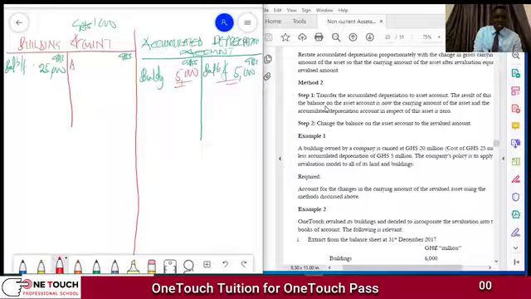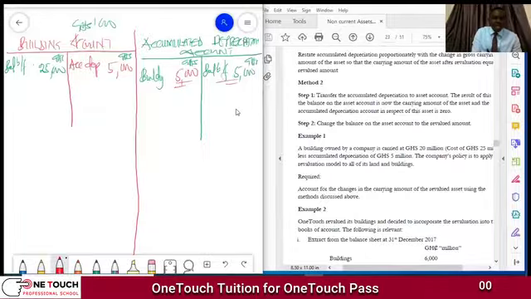The name of accumulated depreciation, 5,000. Okay, good. So we say we transferred. The result of this is the balance on the asset account is now the carrying amount of the asset. The accumulated account is 0. Change the balance on the asset account to the revalued amount.